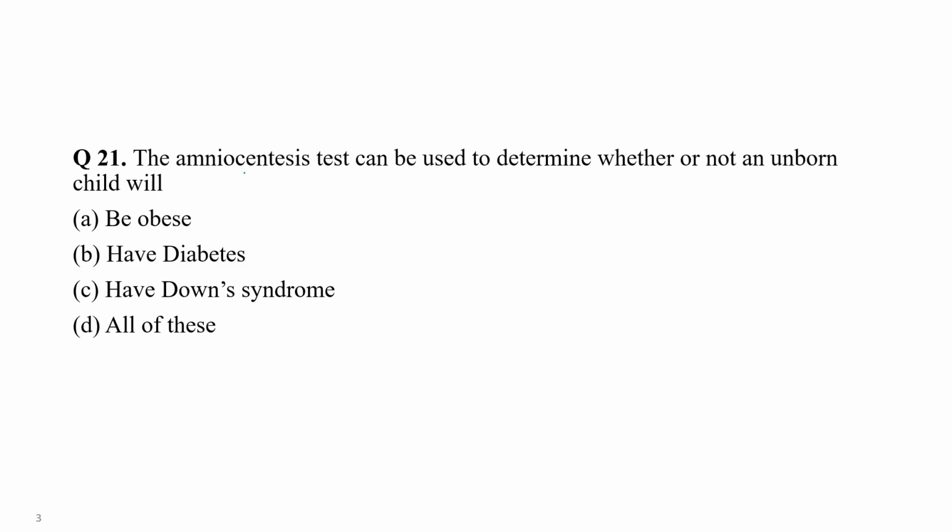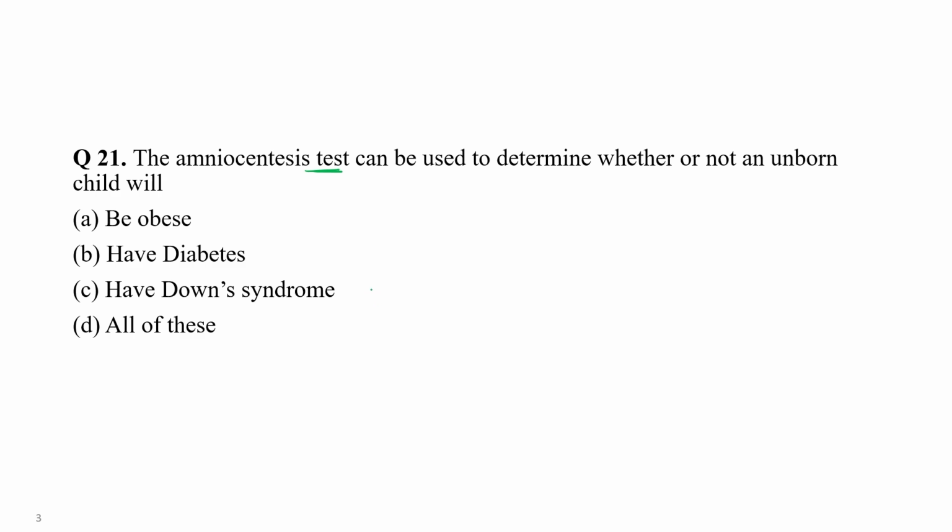Okay, so with the help of this test, amniocentesis, a doctor can determine a genetic level disorder, if it is present or not, in the developing child or unborn fetus. So with the help of this test, the doctor can determine whether that fetus will have Down syndrome or not.